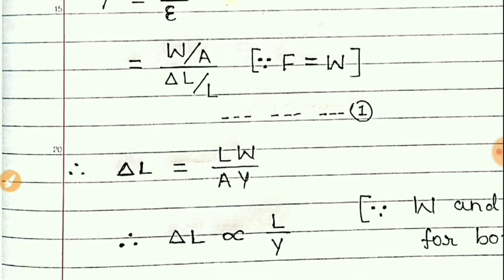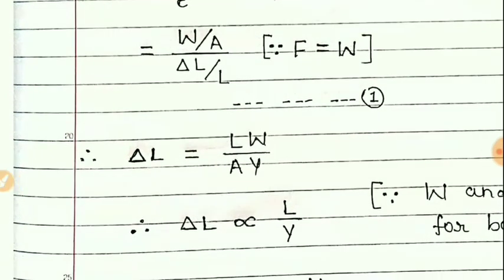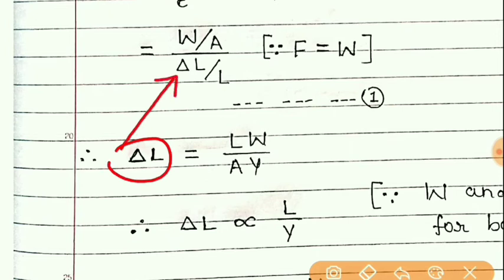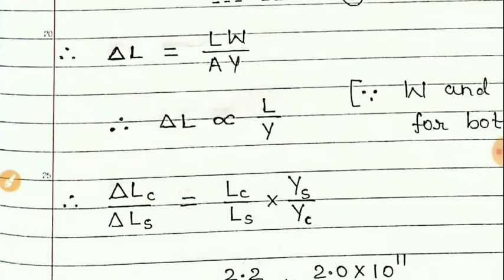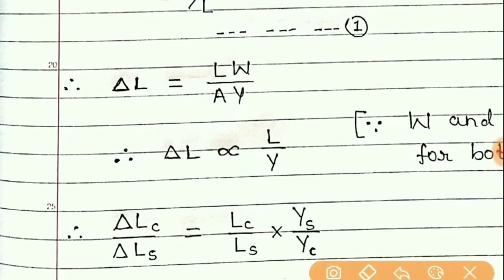Now students, if we make delta L the subject, then this equation number 1 can be written as delta L equals LW upon AY. Now here this weight is common for both the wires, and the cross-sectional area for both the wires is also the same.